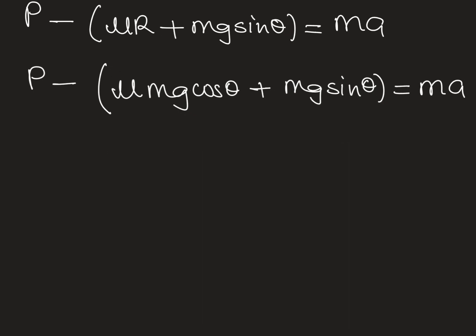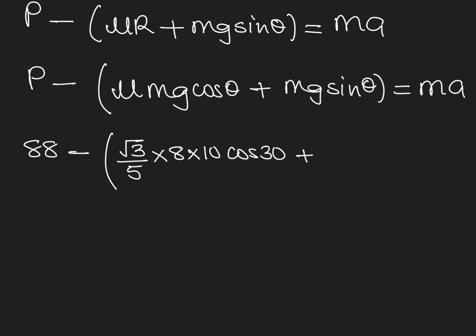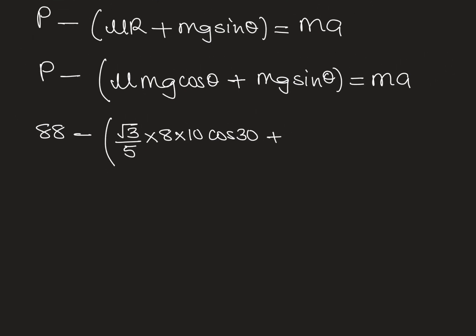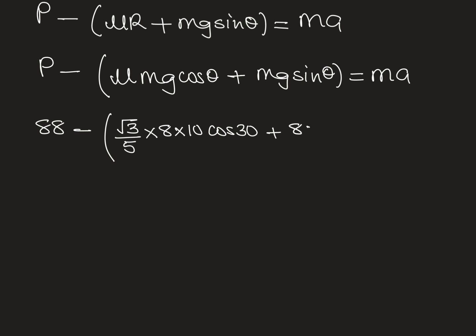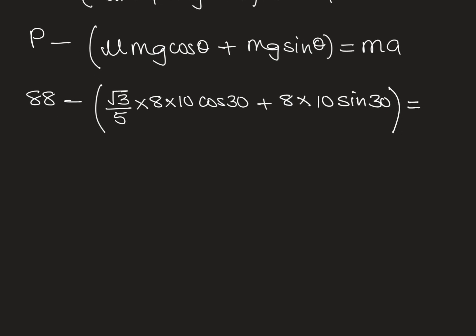If we substitute the values, we're going to have P, which is 88 newtons, minus, what is mu? We said that is root 3 divided by 5, multiplied by the mass, which is 8, multiplied by gravity, which is 10, cos 30, plus the mass, 8 kilograms, multiplied by gravity, 10, sine 30, that is equal to the mass, 8, multiplied by a, acceleration.